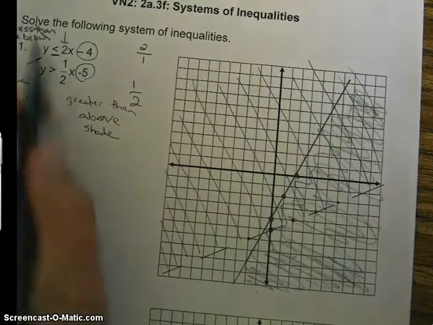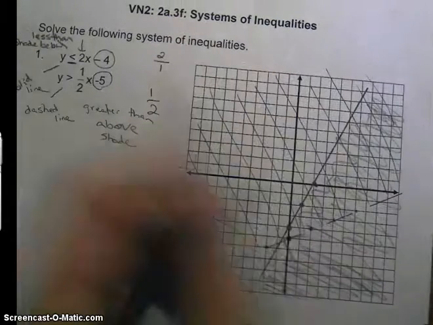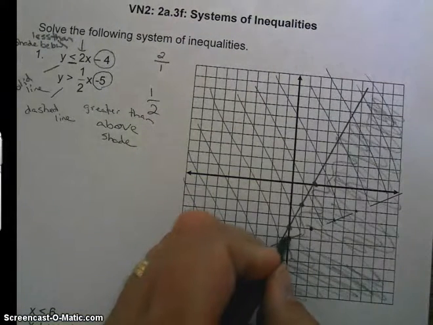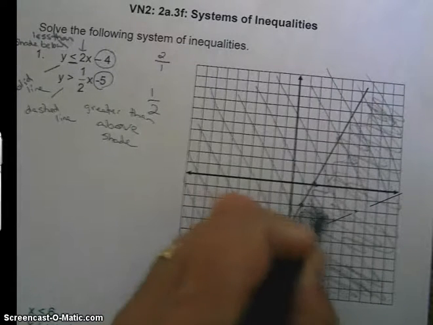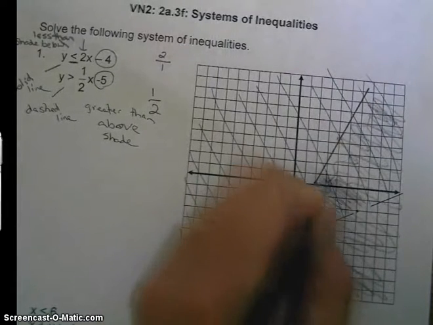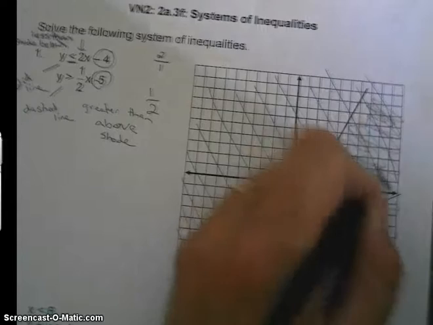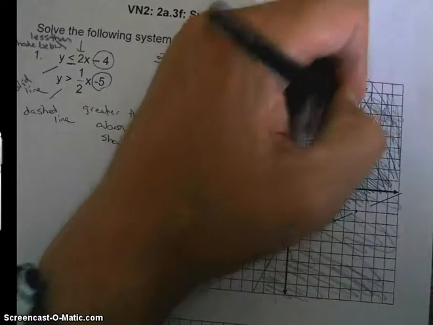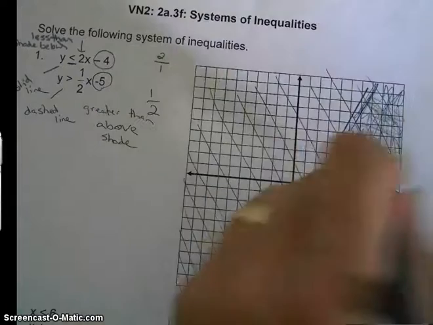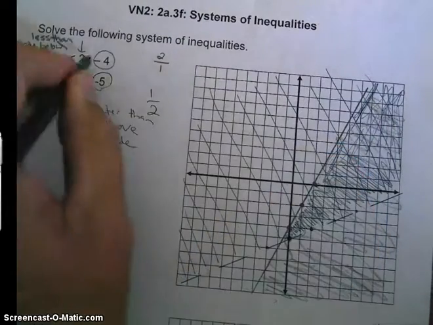Okay, and so then our solution, it says to solve, our solution is going to be the area of double shading, where it overlaps. So make that especially dark. All the points in this region right here are solutions to both inequalities.